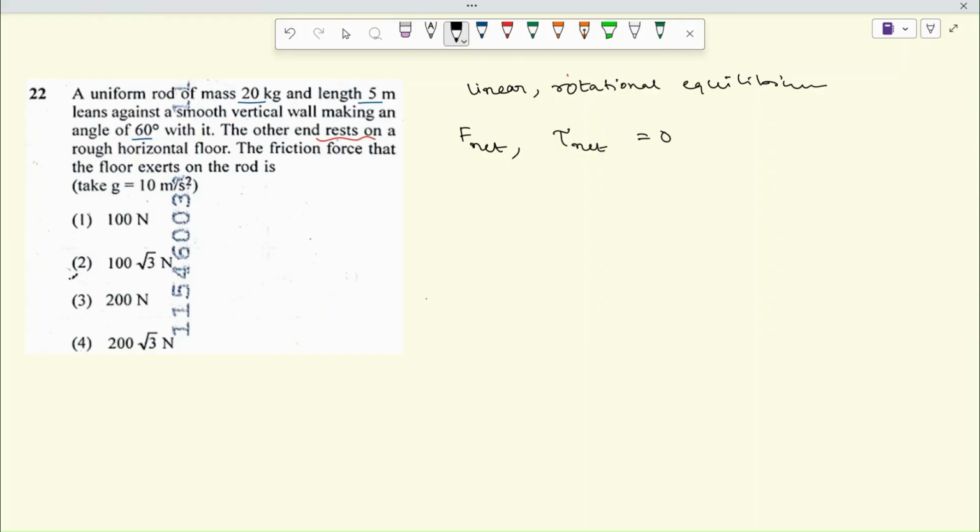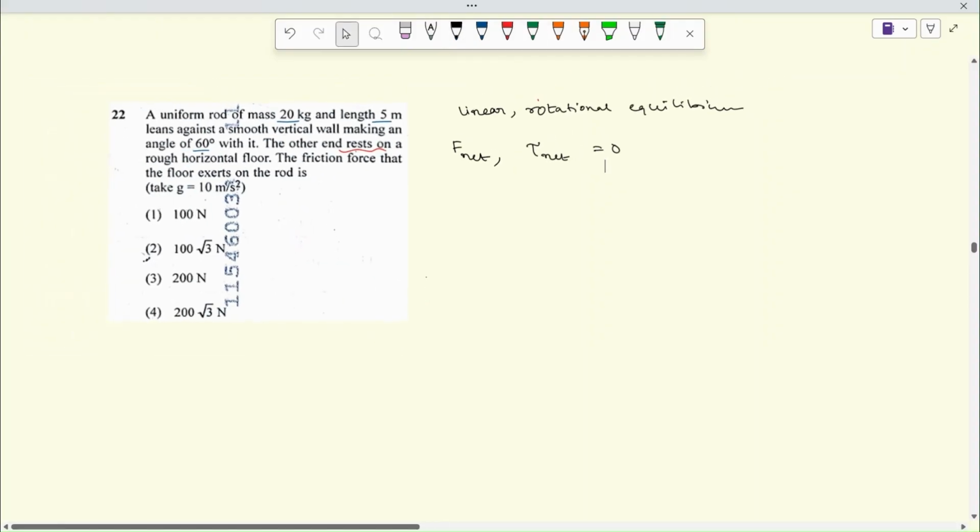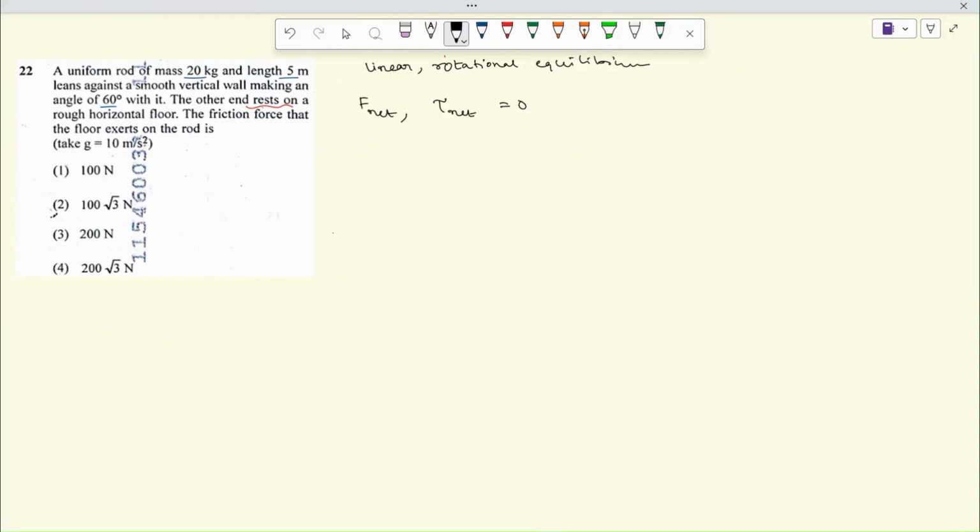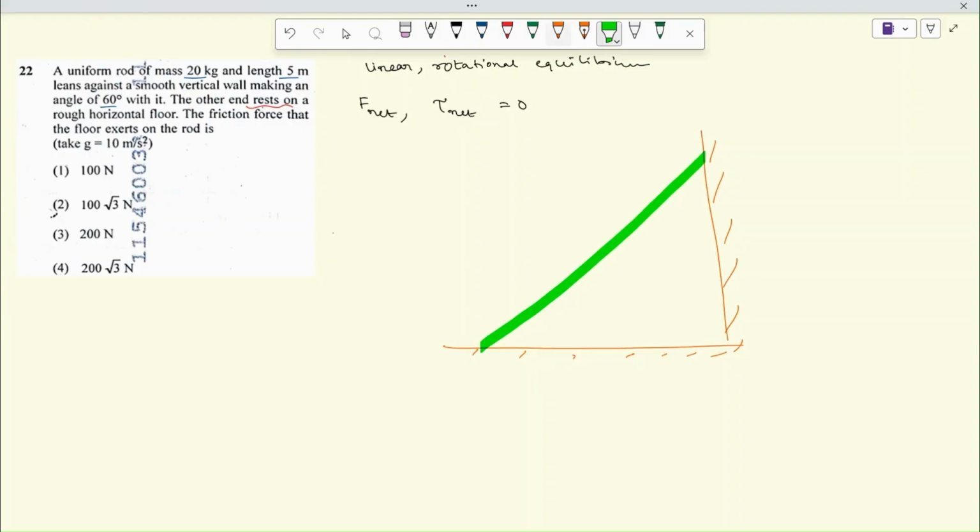Okay, let us draw the diagram for this. Say this is the wall and the floor. The rod is like this, and the angle made with the wall is 60 degrees here. Let us look at the center of mass of the rod. The force of gravity, the weight, is acting here.